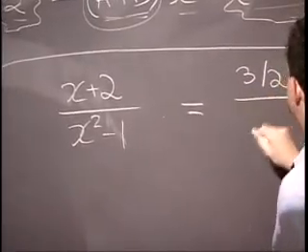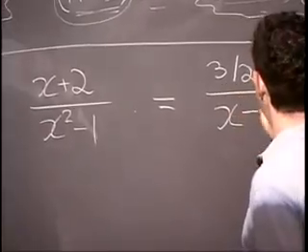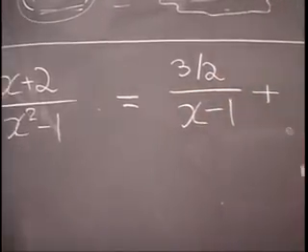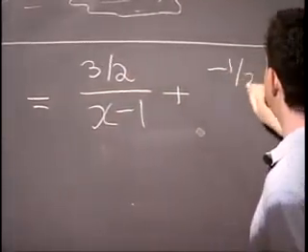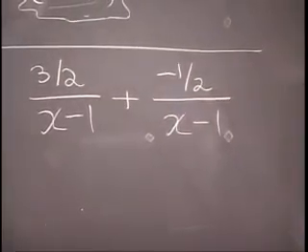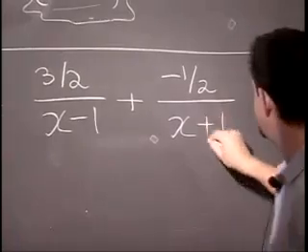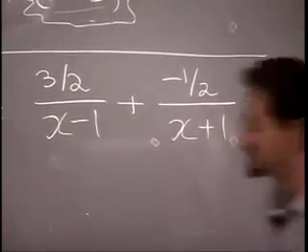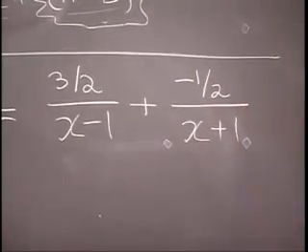I'm going to stick it on the top there. 3 halves over x minus 1 plus B, I'll write as minus 1/2 over x plus 1. Plus 1, thank you. That one was a really small mistake, so I don't think it counts.